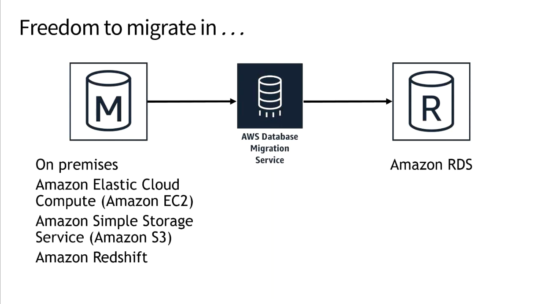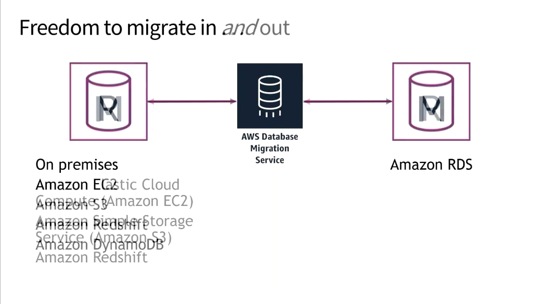So in the example of AWS Database Migration Service, you can migrate data from multiple other database locations, such as databases running on Amazon EC2, databases running on premises, data warehouses like Redshift and several others. You can migrate and extract the data and move it into Amazon RDS. But in the same way, you can also do the opposite.